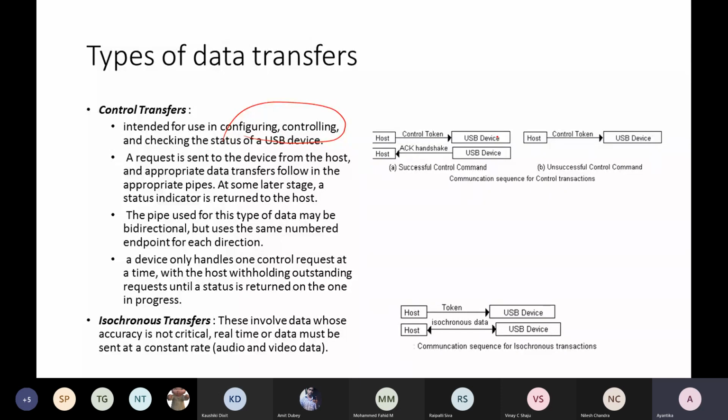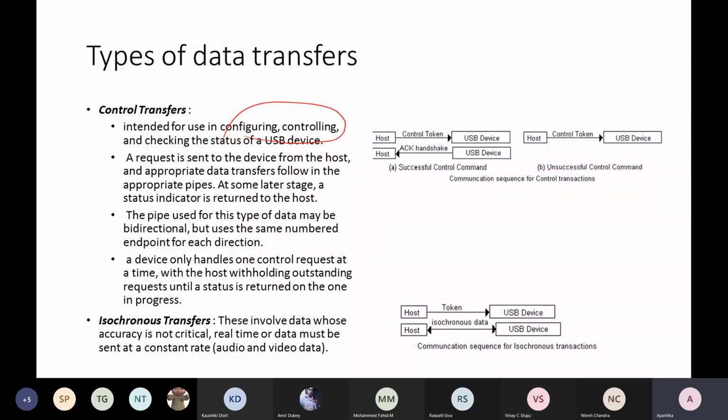In that way, the host is taking control of the USB and checking whether data transfer is possible or not. If the USB device is ready and everything is matched, then the USB device will send one acknowledgement signal, followed by which the next level, actual data transfer, will start. So this is the initiating portion, initiating control transfer.